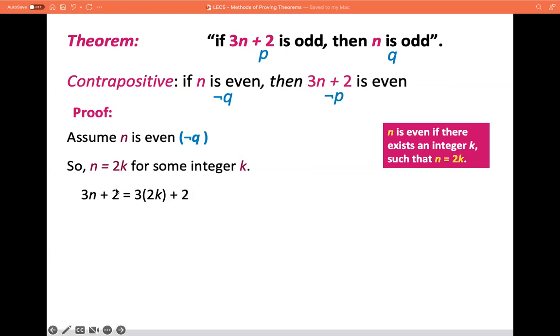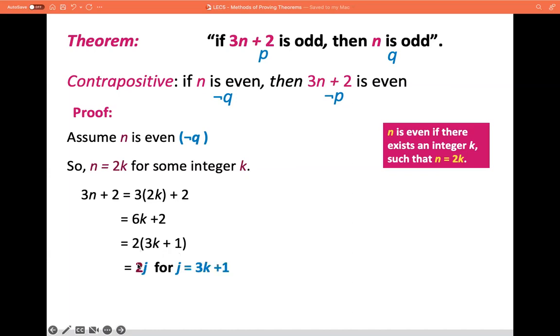So we have 3n plus 2 is equal to 3 times 2k plus 2. We simply replaced n with an even number 2k, assuming that n is even. Now this will evaluate to 6k plus 2. Factoring out 2 from this expression, we have 2 times the quantity 3k plus 1.